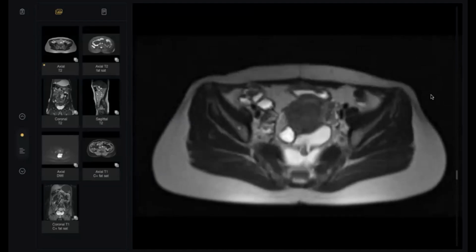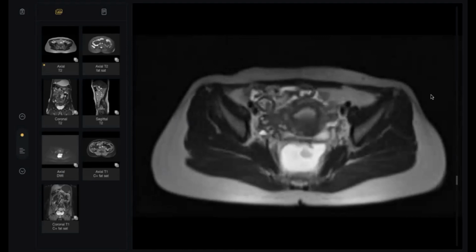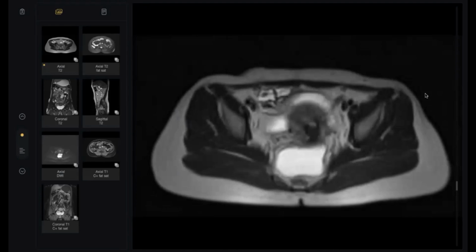The uterus is enlarged and has a hypointense, well-defined lesion in its posterior wall, which is indenting its lumen, likely fibroid. There is a cystic area seen posterior to the uterus.